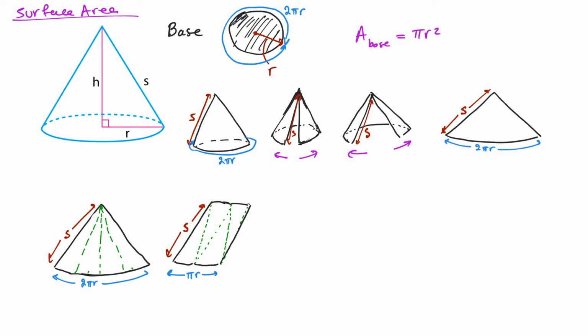But at 2 pi r, you can see that half of my shapes I have placed in this direction, and half of them in the opposite direction, meaning if this whole length is 2 pi r, then this length is pi r and this length is also pi r.